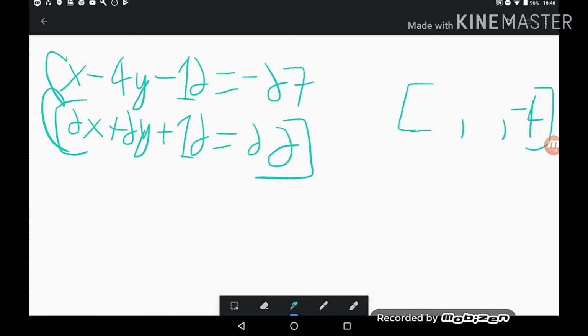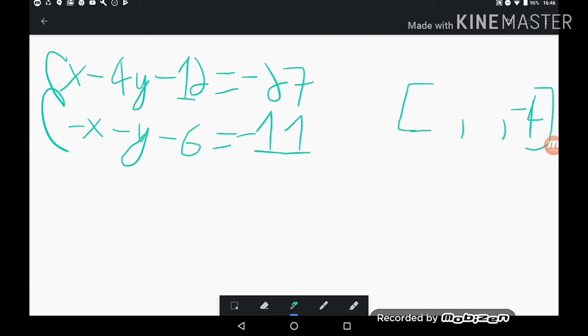So we can keep that x in the top equation. So this is what happens to your equation. This will be your new equation. So your new equation is negative x minus y minus 6 equals negative 11.